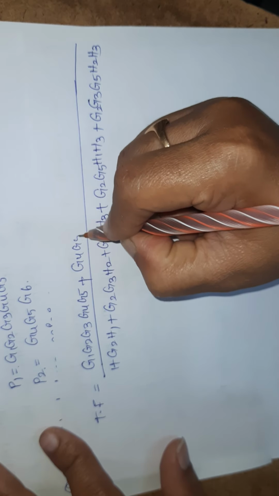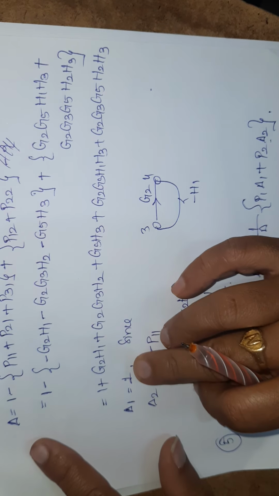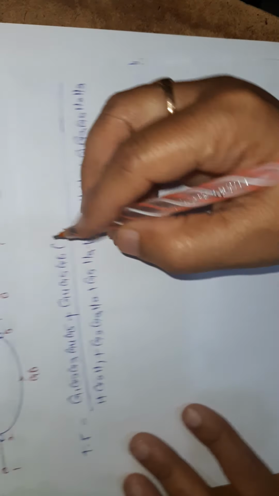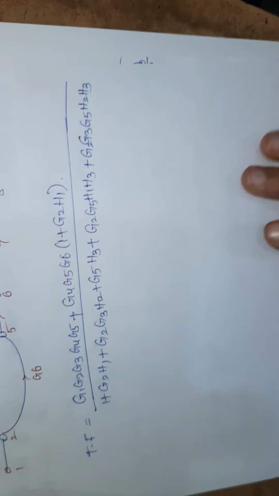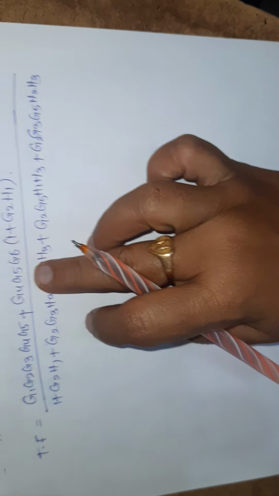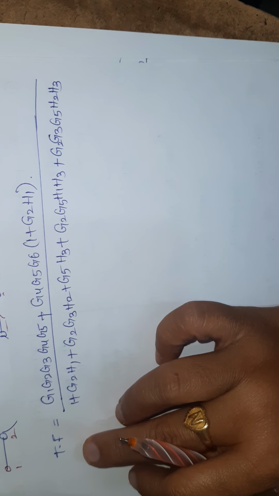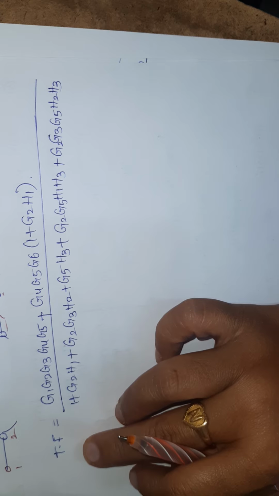G4 G5 G6 into del 2. Del 1 is 1, del 2 is 1 plus G2 H1. Okay. So we can simplify this one and we can calculate the transfer function. Okay. Thank you.